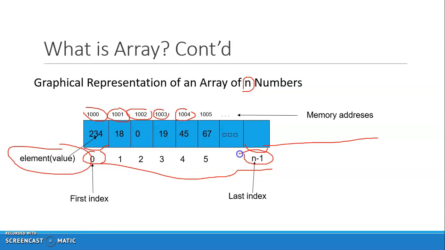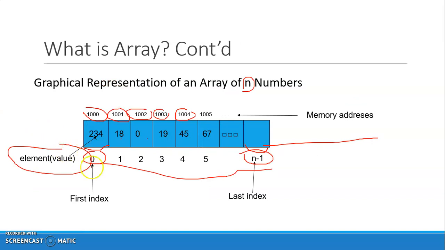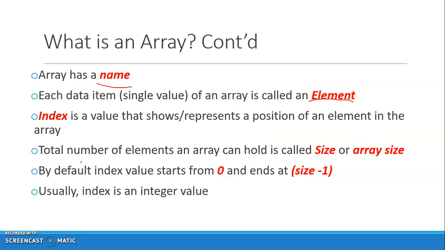Okay, so let's see how we declare and use arrays. Before we go there, these are just things that I've been discussing. An array has got a name, and each element or value of an array we call an element, and we have indices, which are the values used to state the position of an element. The indices are also called the subscript.